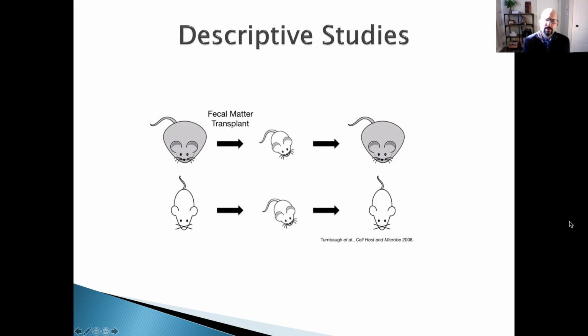Okay, so obese people have a much higher ratio of firmicutes. Well, what does it mean? Does it mean that firmicutes are causing obesity? No, not at all. It just means that those animals have a higher abundance. Why? I don't know why. I cannot tell you why.